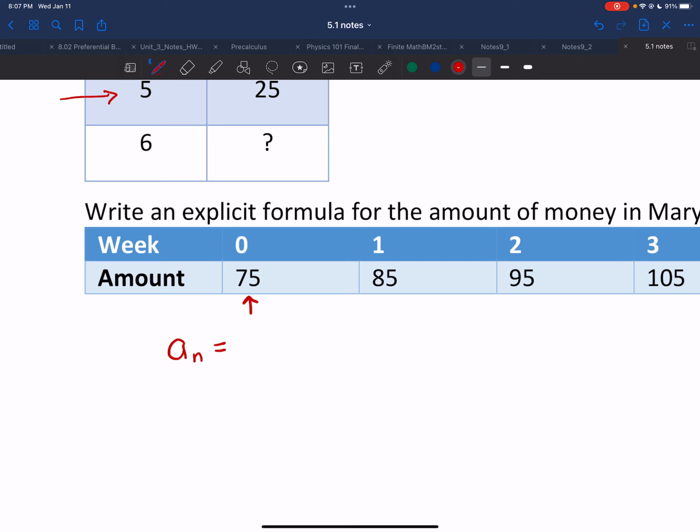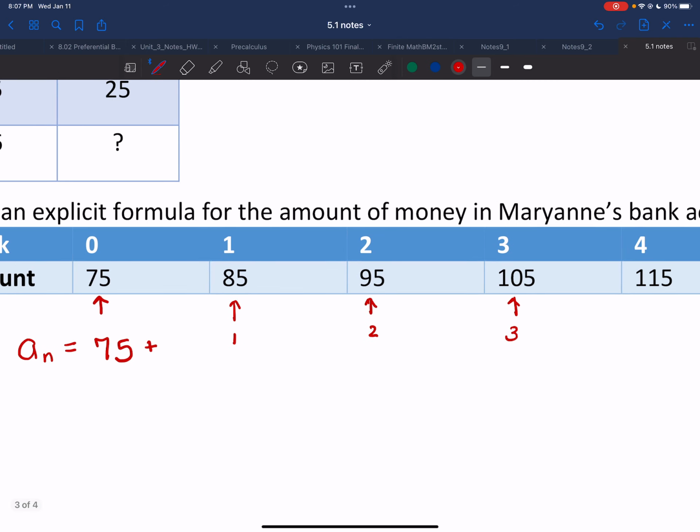So no matter where we are on our terms, we have to add that 75 to it. So we're going to start with 75. And then what we're going to do is each of these terms, this is term 1, this is term 2, this is term 3, right? So each of those weeks, I'm going to take that and multiply it by 10.